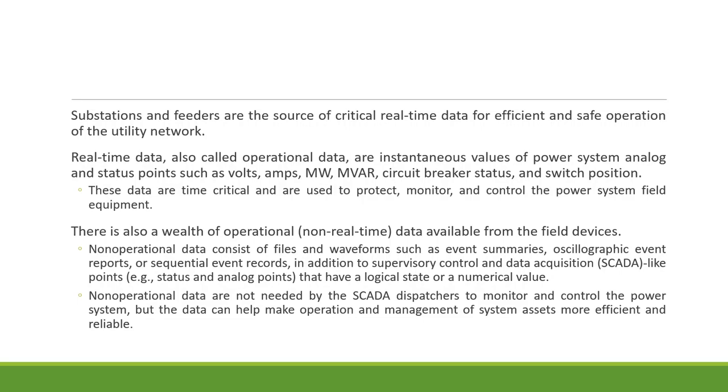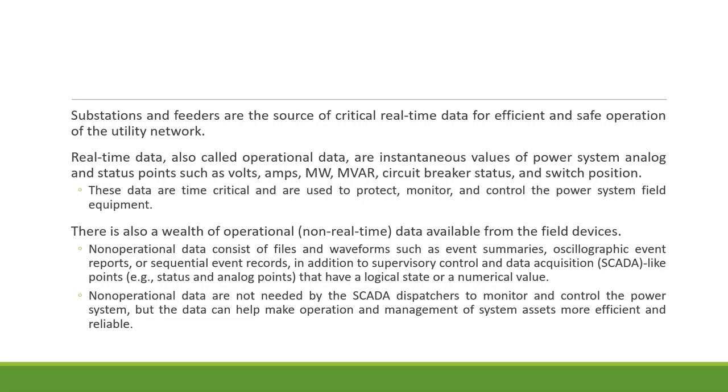When we are talking about the real-time data, which is usually called operational data, these are nothing but instantaneous values of the power system, analog and status points. You could say volts, amperes, megawatt, MVAR, circuit breaker status. Along with that, we are also interested in which circuit breaker is open and which one is closed. So circuit breaker status and switch position.